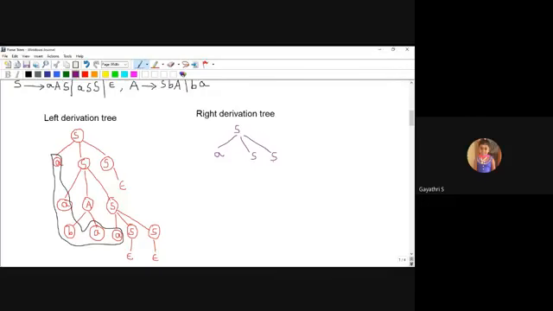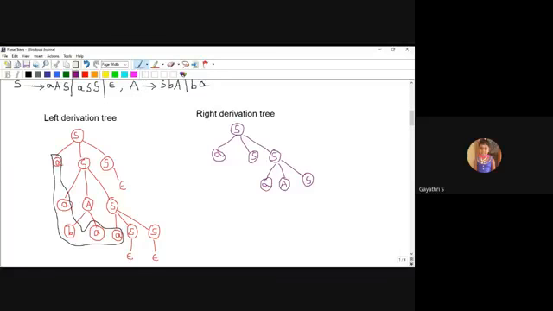So I will choose here S, S going to be replaced by A, A, S. I'll draw a circle. This is also your choice. So I will move based on my choice.